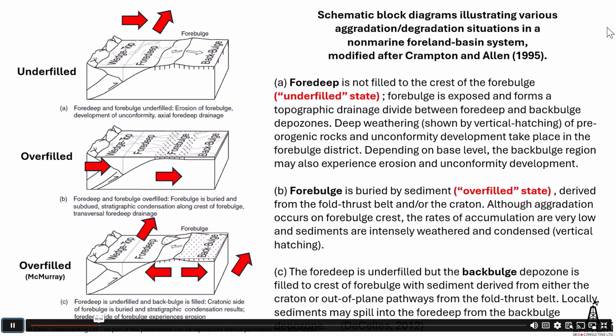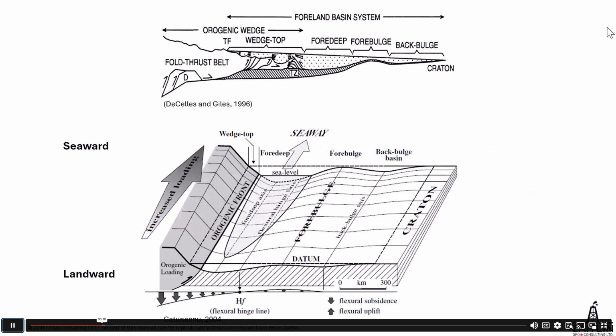So a spoiler alert would be that the basal quartz packages are found within the wedge top and the foredeep area, whereas the McMurray is found within the back bulge area located in this area here. Now, it's not just this simple model that DeCelles and Giles put together back in '96.